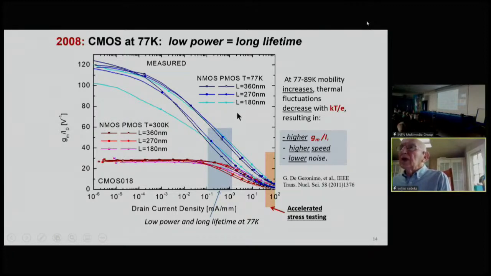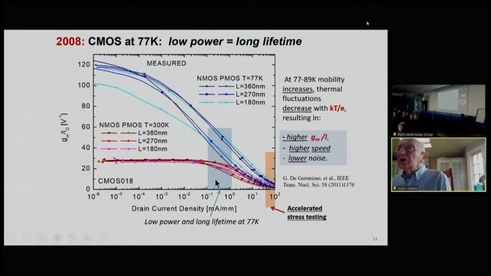Proceeding with the designs, the question was going from weak inversion, moderate inversion to strong inversion, where to do the design.